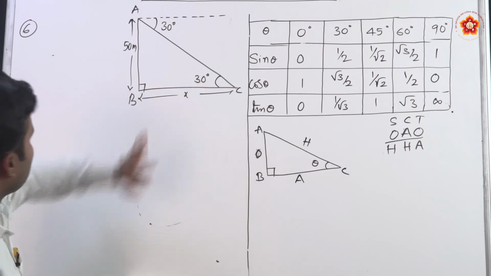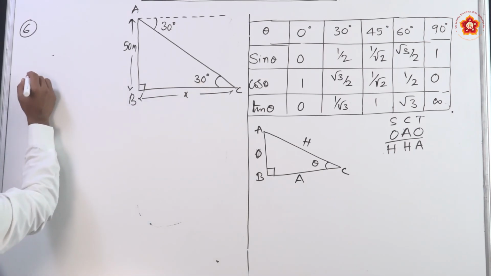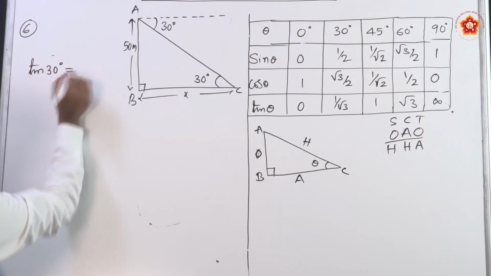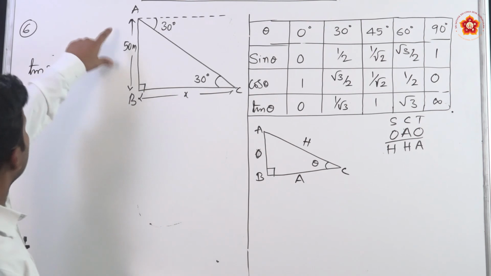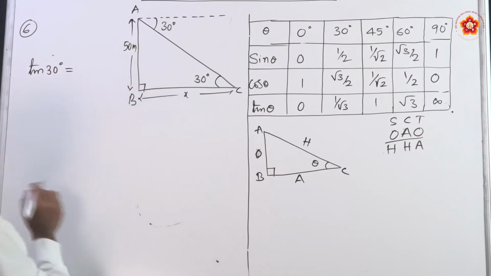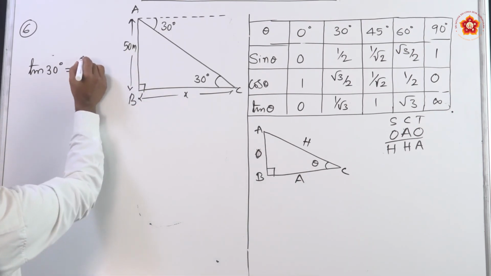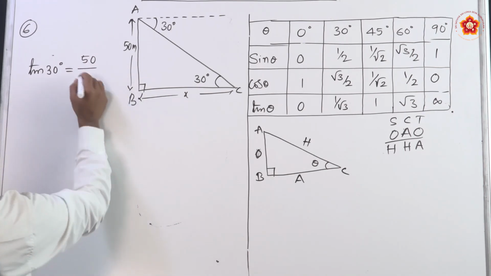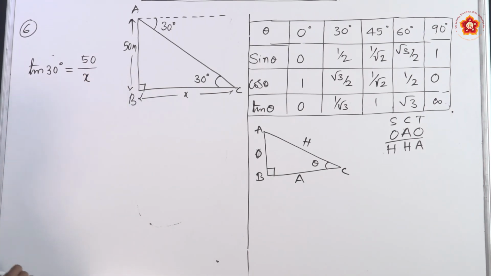For this, I am going to define tan 30 degrees, which is equal to, what is tan 30 degrees? Opposite by adjacent. What is opposite here? That is 50 meters divided by x. That is what we actually find, the distance of the ship.